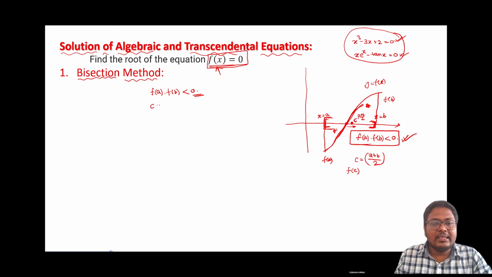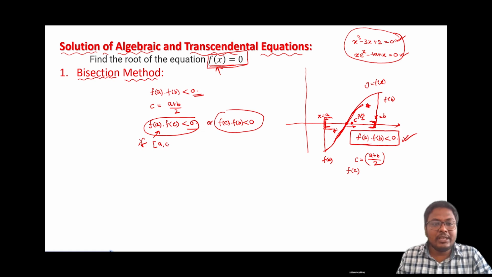Now we have the point C, that is a plus b by 2. So you have to find the functional value of C, and check whether f of a into f of c is less than 0, or f of c into f of b is less than 0. If the first is less than 0, then the root lies between a to c. If the second is less than 0, then the root lies between c to b.